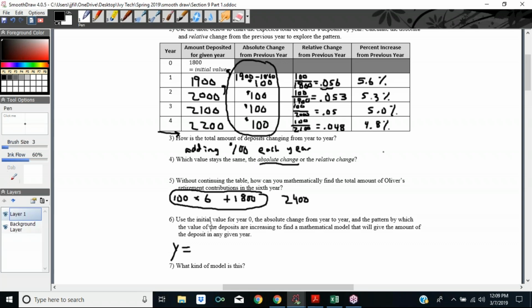It's changing by $100 every year. And then x would represent the number of years. And then remember that the starting amount is the y-intercept. So this would be the mathematical model, where x is the number of years since the initial year.